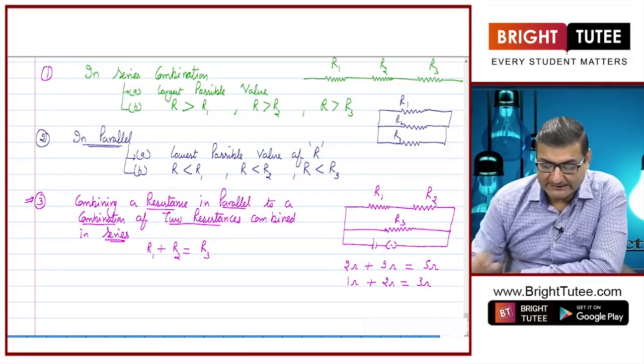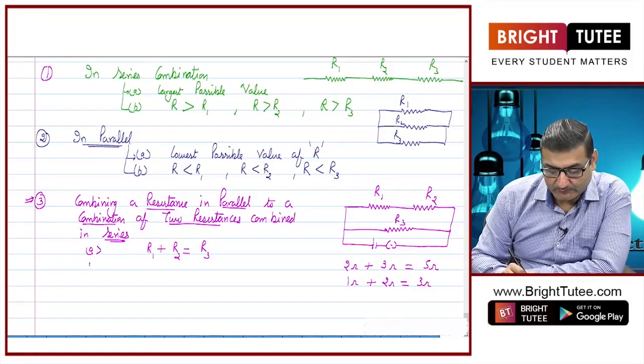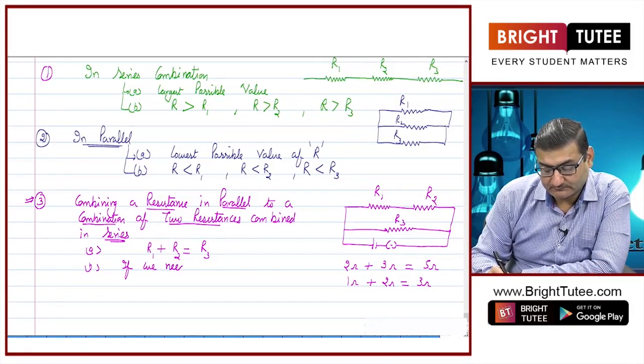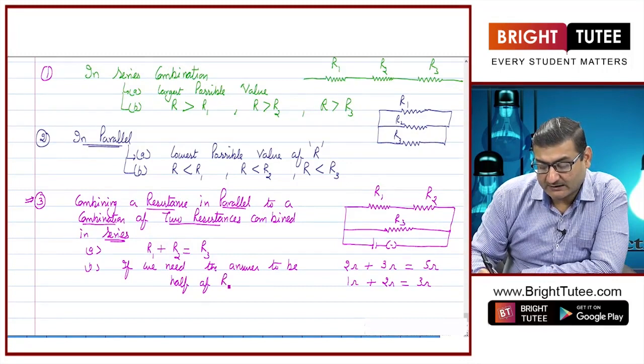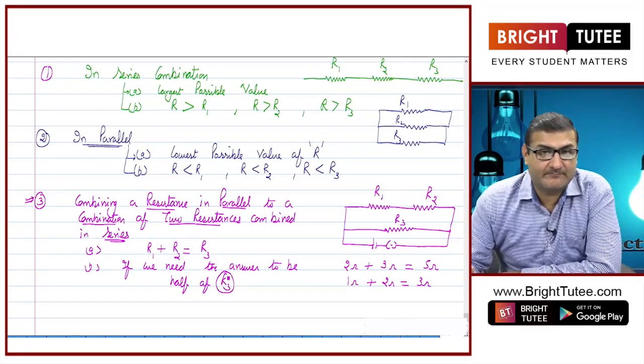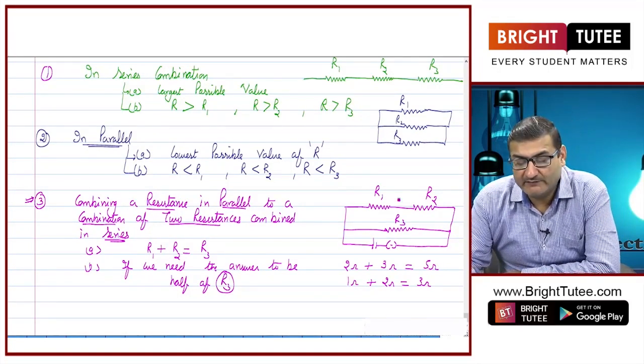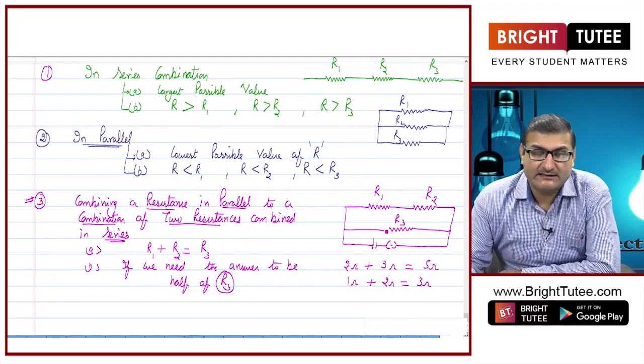Very importantly, there is a second criterion too. If we need the answer to be half of R3, the bigger resistor, then we will combine these like this.